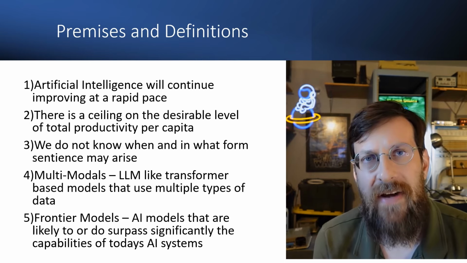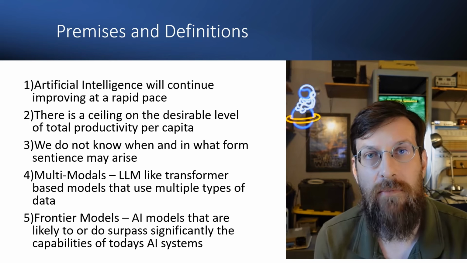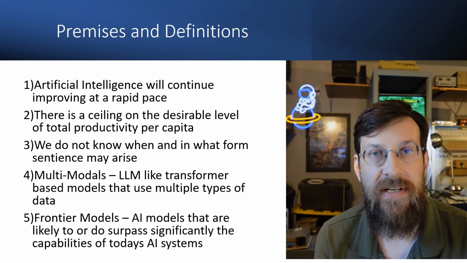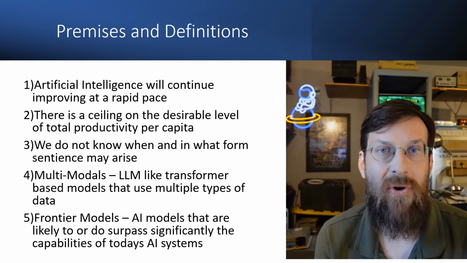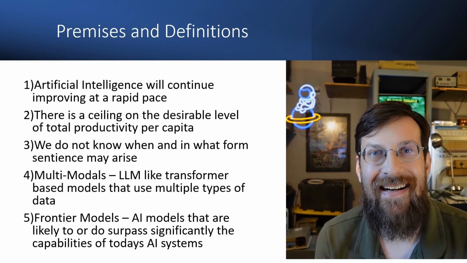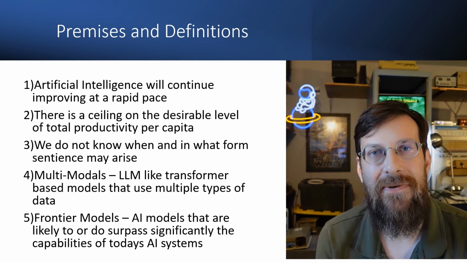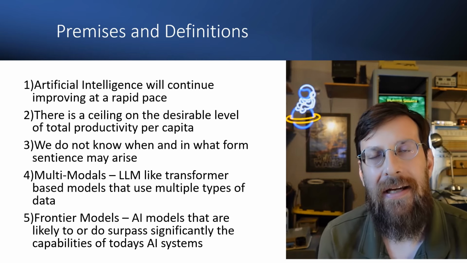Another thing I wanted to define was multimodals and frontier models. So multimodals are where you're combining multiple different types of data in an LLM or an LLM type transformer network. So that would be like adding vision to ChatGPT, right? When you combine those two, that's a multimodal.